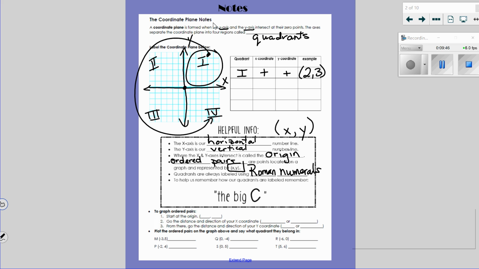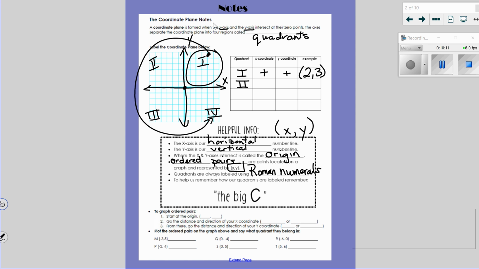Now let's look at quadrant 2. If I start at origin, yes, Emma? I just do random numbers. It's just any positive number on X, any positive number on Y will be in quadrant 1. Now, if I start at origin, in order to get to quadrant 2, which way am I going to have to go on my X-axis? Left.